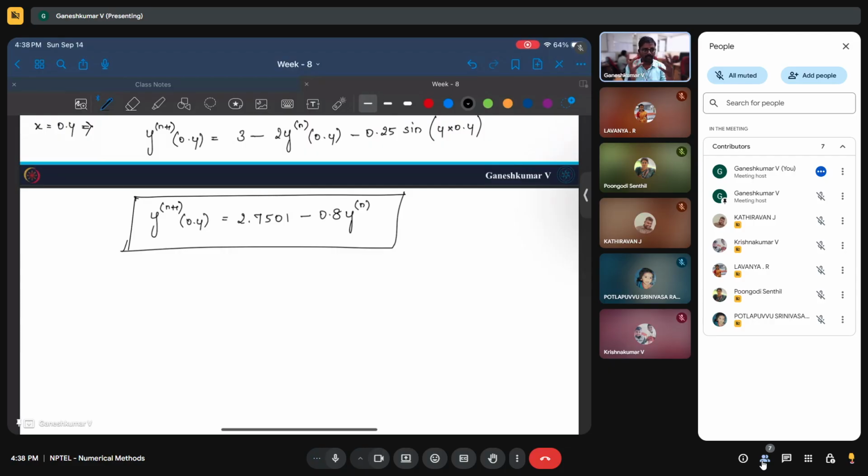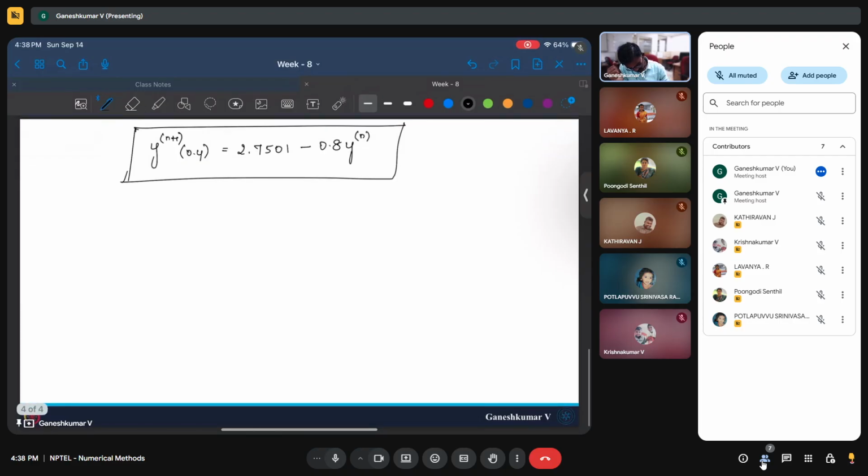Once an ODE is given, you first find the integral function. I mean, first integrate it and find the iterative function, then you keep iterating. Now your first iteration will be like, what is your first iteration?